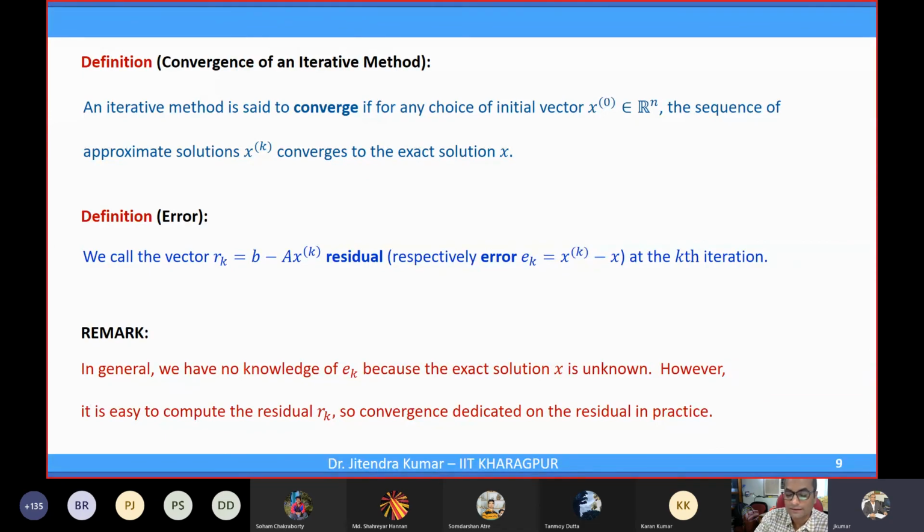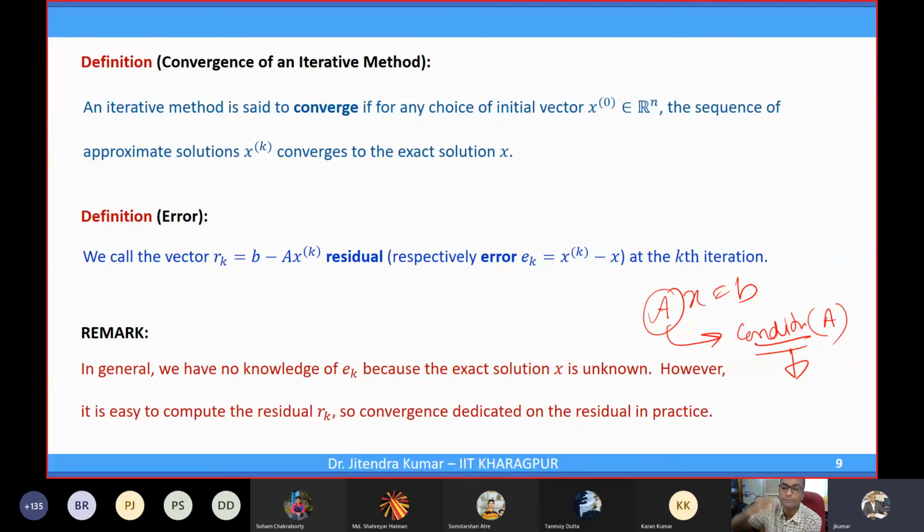We need to find the condition number of our problem, of this matrix in Ax equals b. If the condition number of this matrix is close to 1, a small number like 1 to 10 or 20, whatever, then the residual will not mislead you.